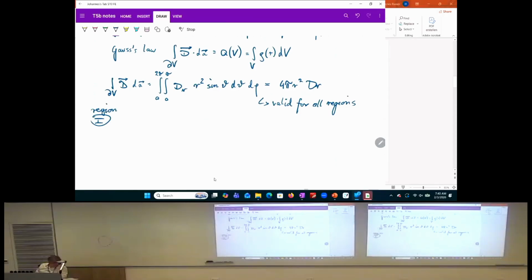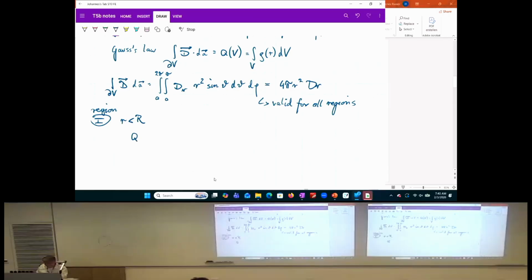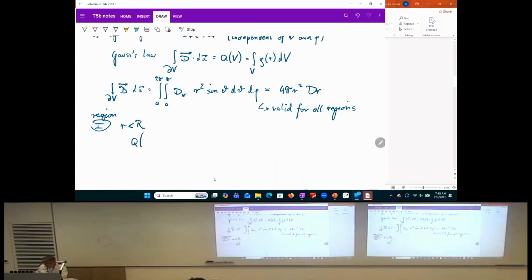And what is the right-hand side of our Gauss law? What is the total charge? Well, we just said that the charge on that sphere is distributed on the surface of the sphere.